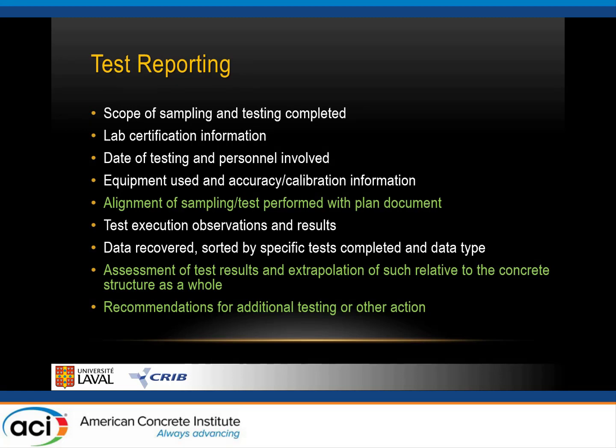How can it be used to conclude and make a global diagnosis of the actual structure? Also, in some cases where deterioration is more complex, problematic, or extensive, recommendations for some additional testing might be made, which might affect the rehabilitation plans that will come after.